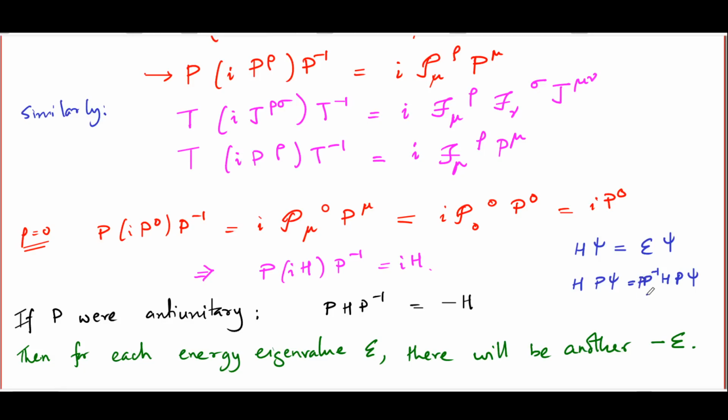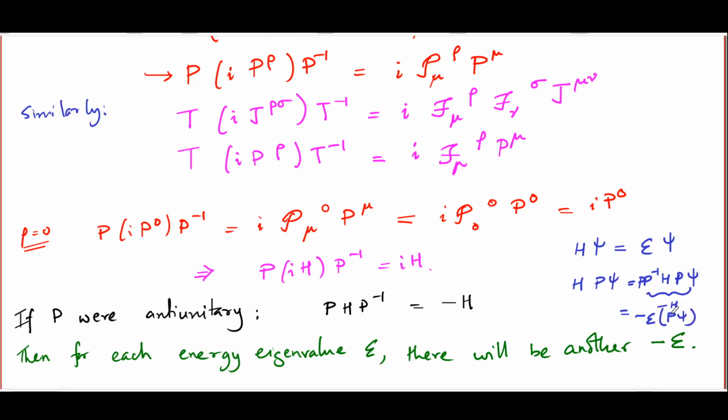All I've done is put in PP inverse here, which is of course nothing but the identity. Now, if PHP inverse is minus H, it's easy to see that this implies that P inverse HP is also minus H. So this thing is minus H. So you get minus E times psi from this, and since E is a number, it comes out, you end up with minus E times P psi.